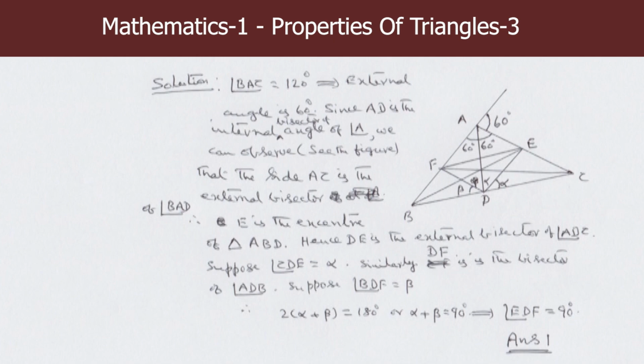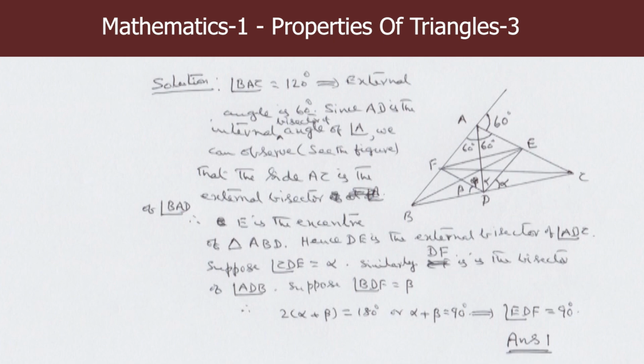We can observe in the figure that this side AC is the external bisector of the angle of triangle ADB at A, because you see 60, 60, 60. So AC is the external bisector of angle at A of triangle ADE.